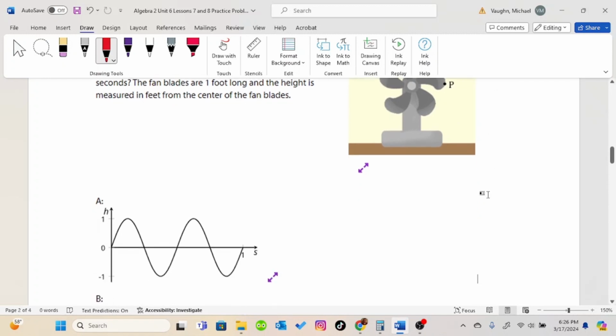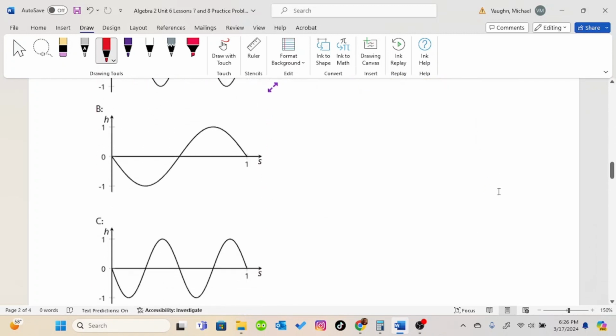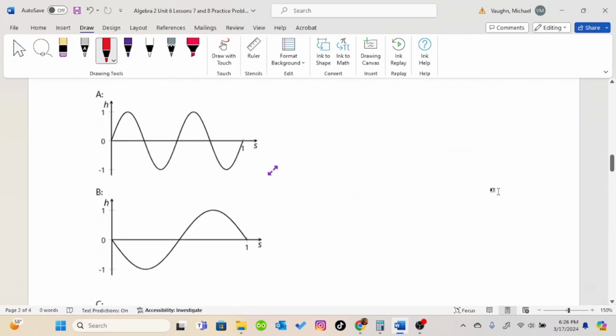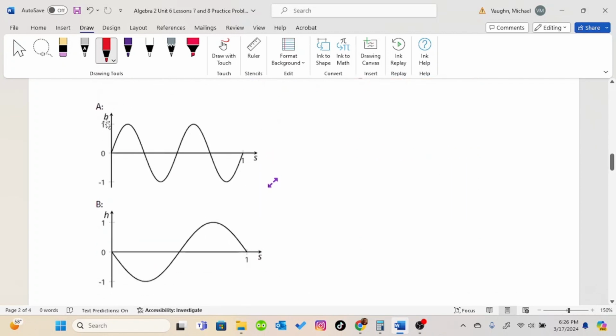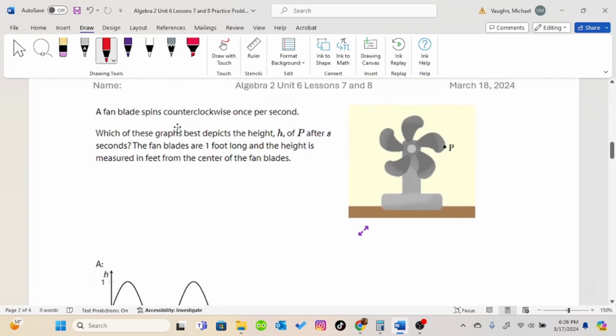So as we look at these, you can see height is the y-axis and seconds is the x-axis. And what we see is that the fan blade spins counterclockwise once per second.